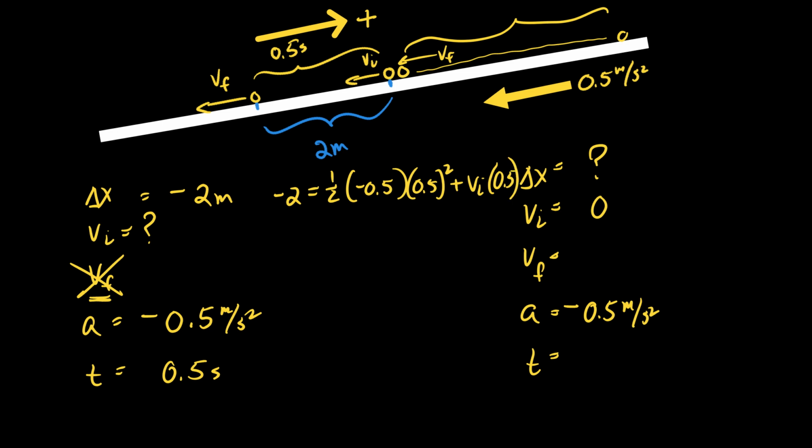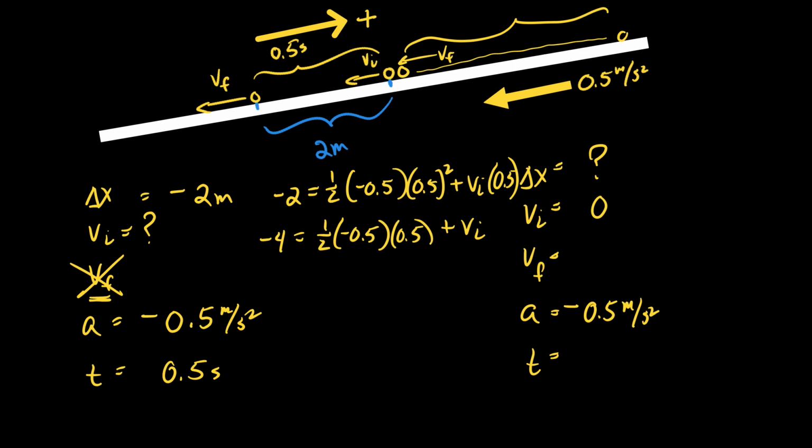I can factor out a 0.5 and divide both sides and multiply both sides by 2 to get rid of it. That'll make this -4 equals 1/2 times -0.5 times 0.5 plus VI. I've just effectively taken and divided both sides by 0.5. Is that okay with you guys?